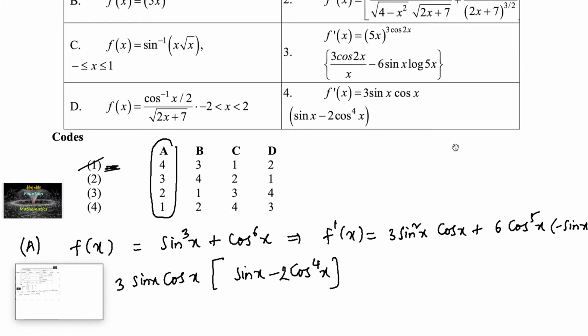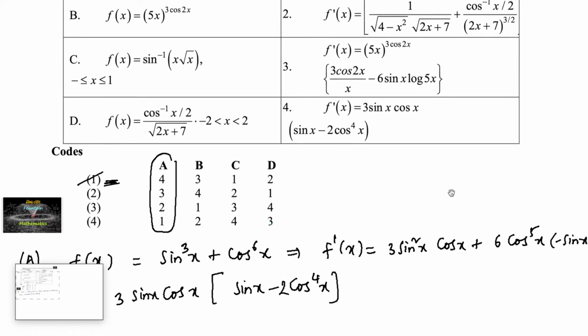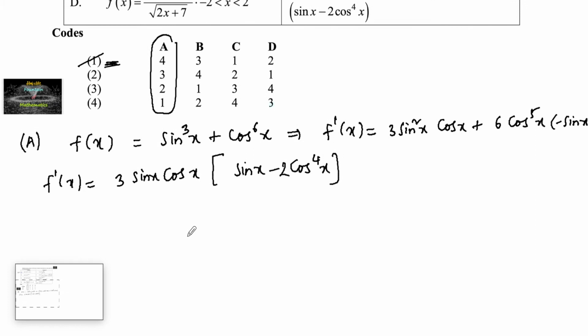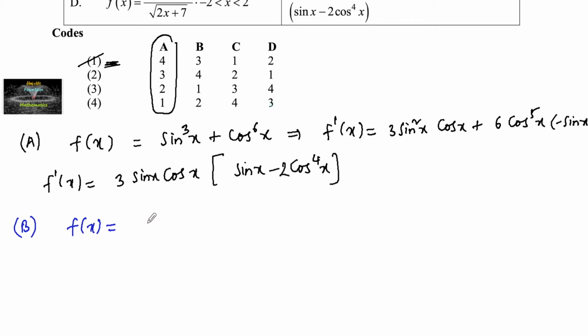The next one, f of x is equal to 5x to the power of 3 cos 2x, b1. So now differentiating, first apply log on both the sides.